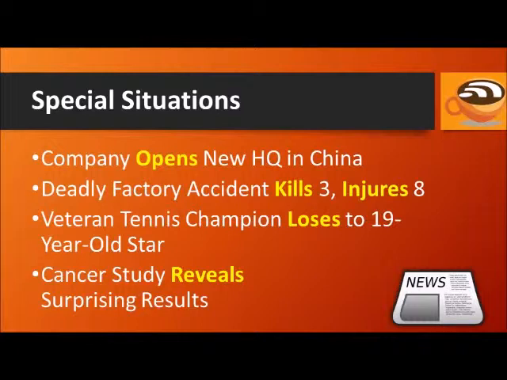Deadly factory accident kills 3, injures 8. Veteran tennis champion loses to 19-year-old star. Cancer study reveals surprising results. Although all these events happened in the fairly recent past, in the headlines we describe them with the present tense.